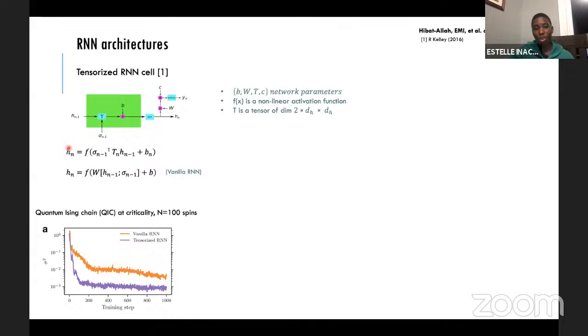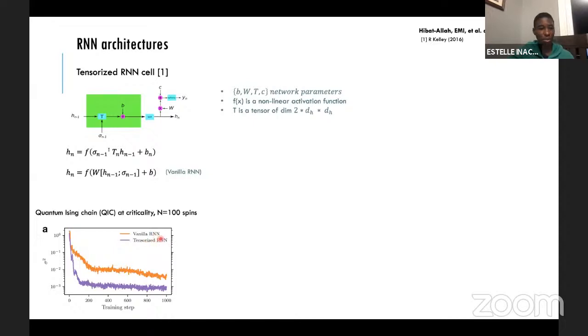So we saw that this representation is more compact and it has a higher representational power than just using a vanilla RNN. To check that, we compared with simulations on the quantum chain, and we look at the variance of the local energy. The lower it is, the more accurate your results are. We compare the vanilla RNN and the tensorized RNN at the critical point, and we saw that it gives better results.